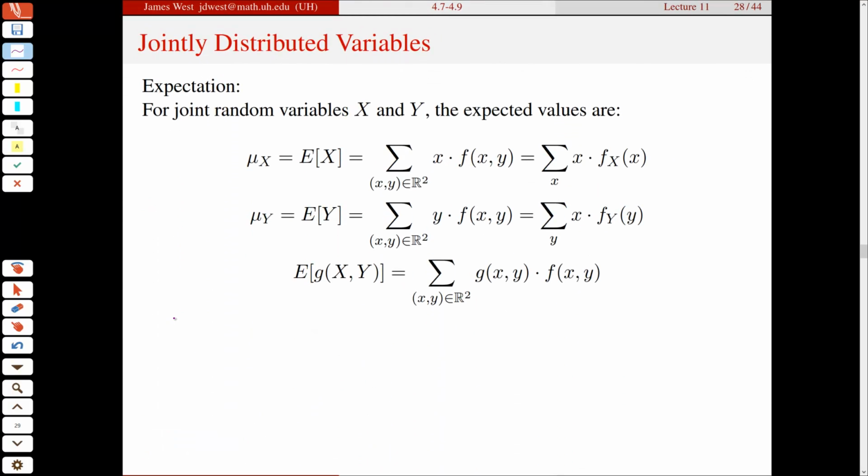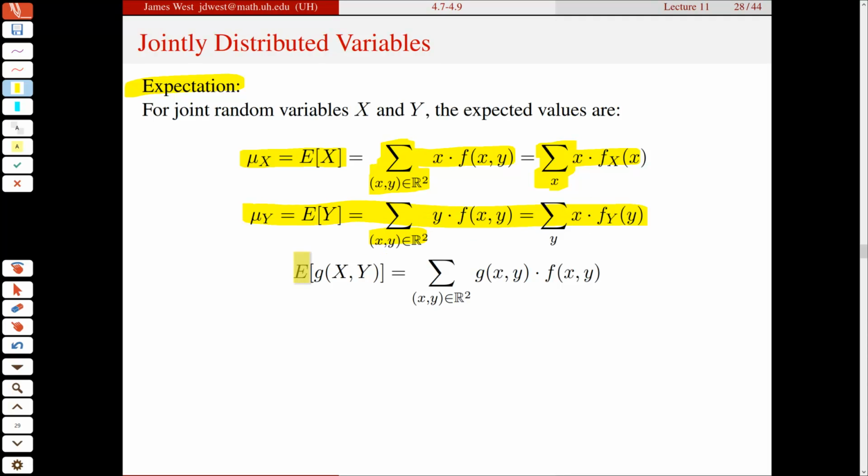We can also talk about expectation. To calculate the expected value of x, we sum over all x and y, x times f of xy, which is equivalent to the sum over x of x times fx of x. And similarly for y.